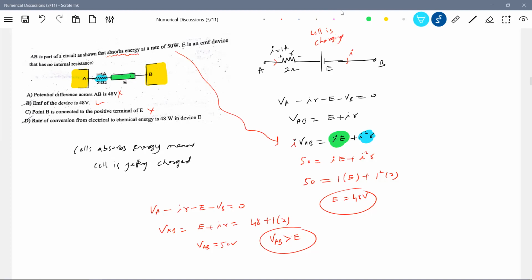Let's take this one. So what should we conclude from this? This should be the heat lost. And what about this?